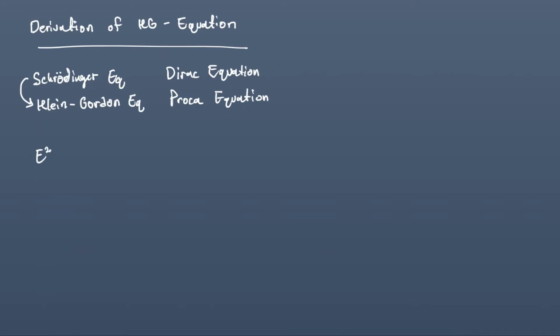Our big step to make this transition is redefining our energy. Our relativistic notion of energy is the square root of m squared c to the 4th plus p squared c squared.